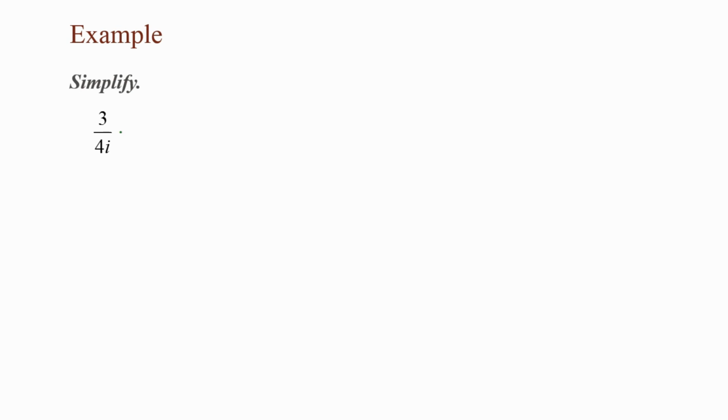Since it's pure imaginary, I'm going to multiply by i divided by i, which equals 3 times i is 3i, divided by 4i times i is 4i squared, which means I have 3i divided by negative 4. I can also write this answer as negative 3/4 i.